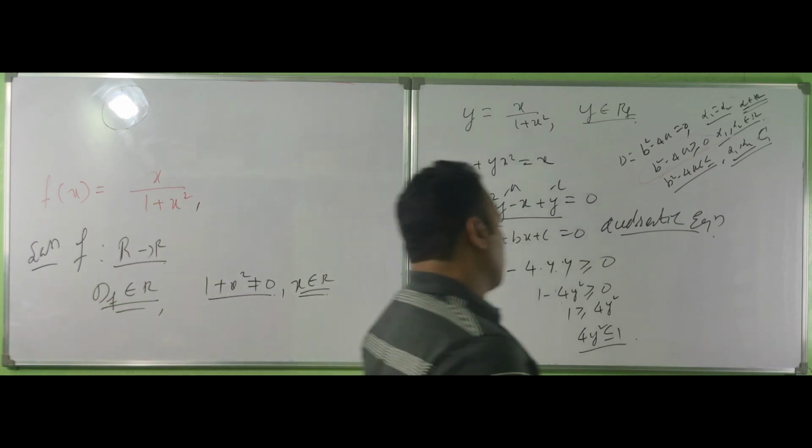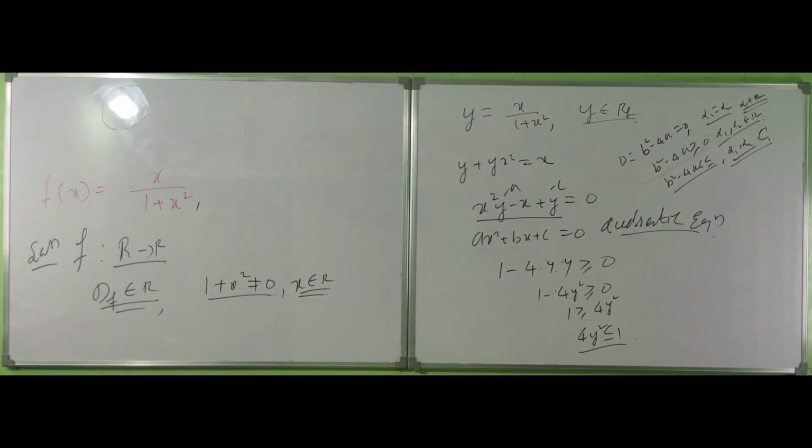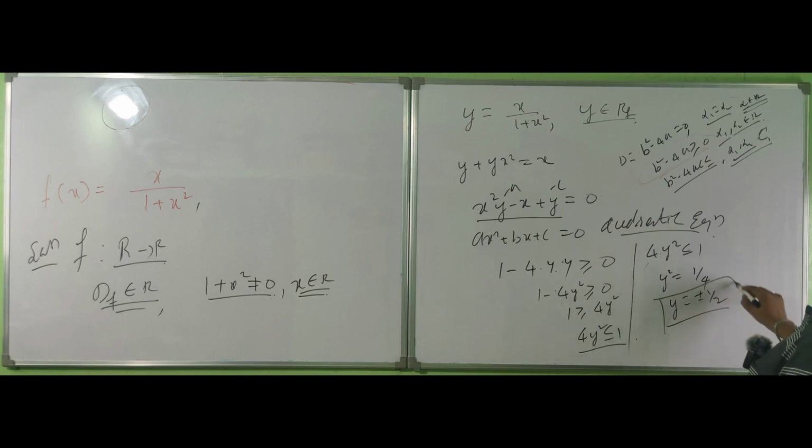Taking y square equal to 1 by 4, y is equal to plus or minus 1 by 2. Here you only take the modulus.